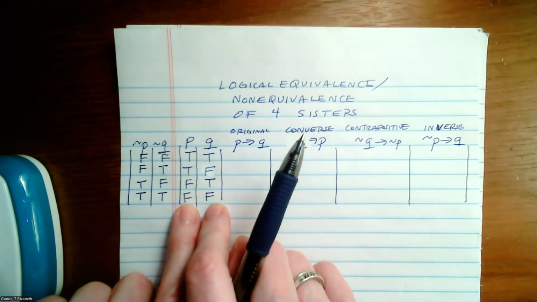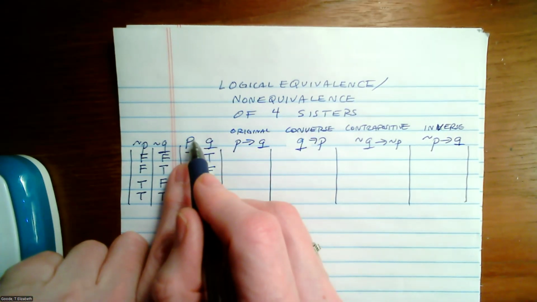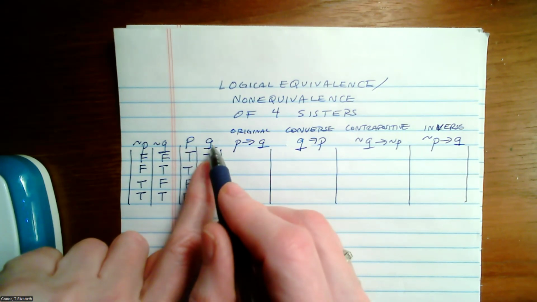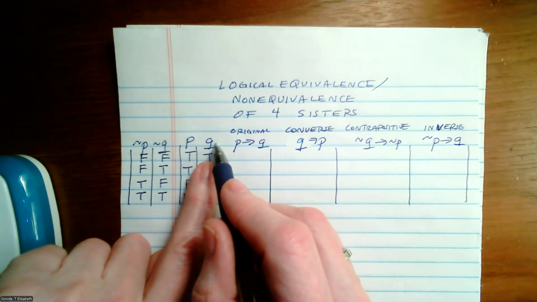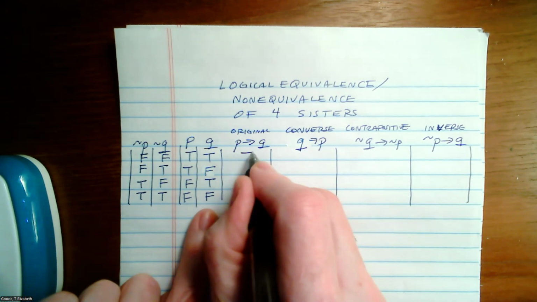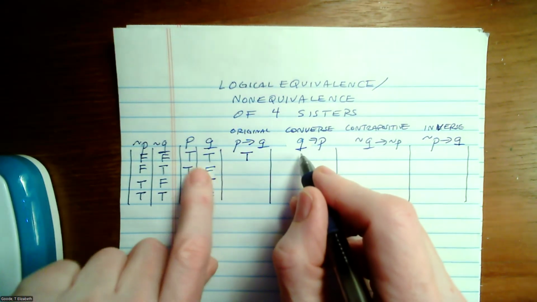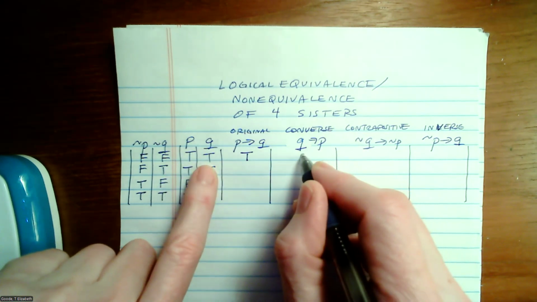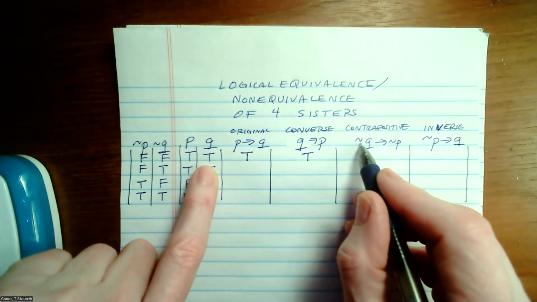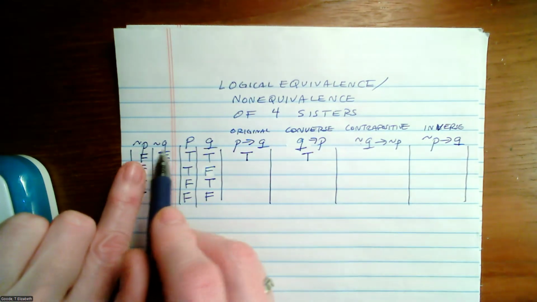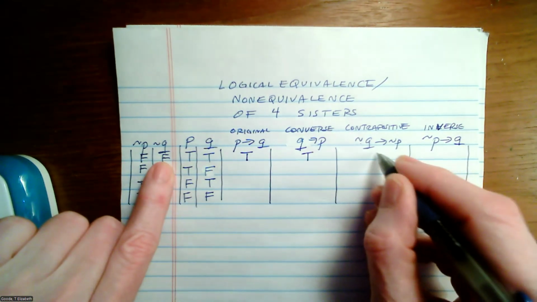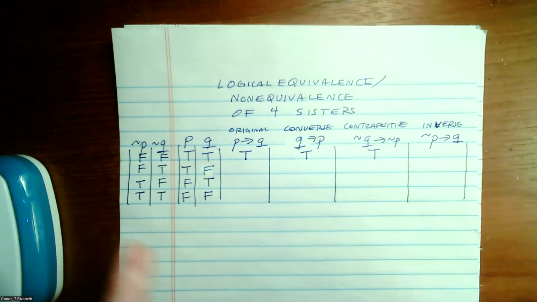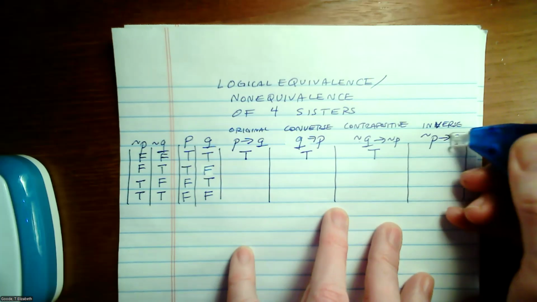If we substitute a true statement in for P and a true statement in for Q, then P implies Q is going to be true. Q implies P is going to be true because now Q is the hypothesis and P is the conclusion, and true implies true is true. Not Q implies not P. Well, not Q is false, so this is true by false hypothesis. And oops, this should be not Q, not P.